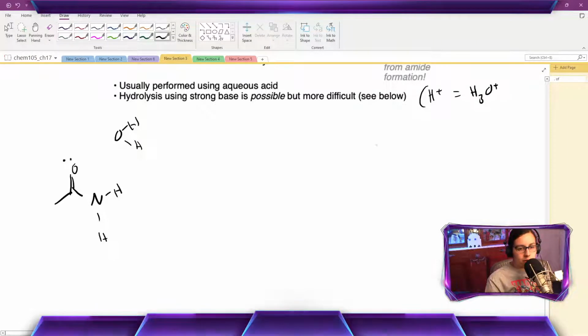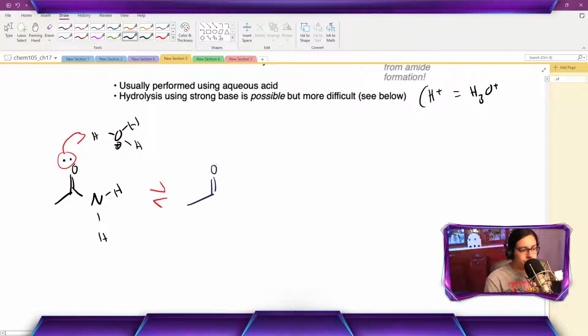It equals hydronium. But sometimes chemists are lazy, especially if you draw out a million mechanisms. You just want to draw H plus to signify any sort of proton source. So we can take this, it'll get protonated. So that's our first step. This is in equilibrium. So plus charge there.